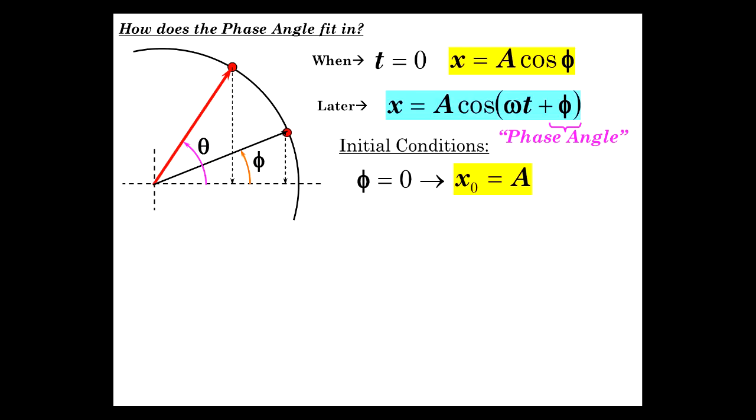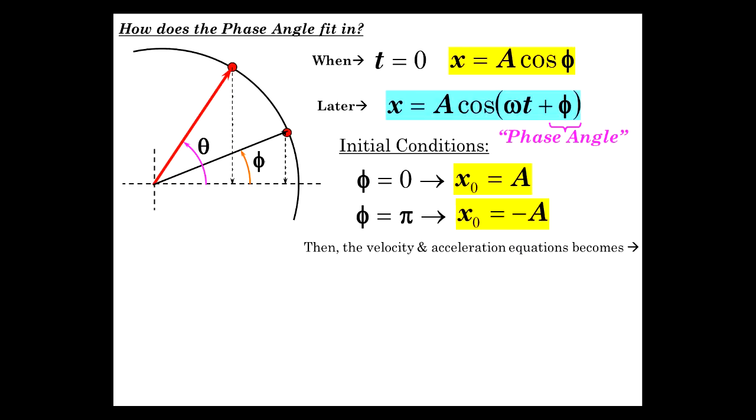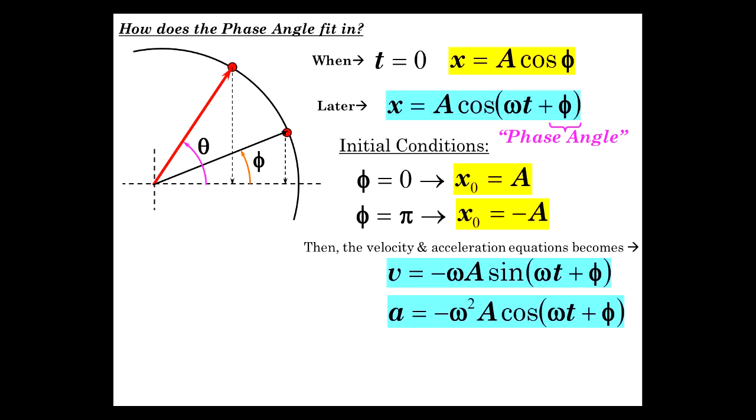And actually, it makes sense, because if phi is equal to 0, this object is sitting right there, and x0, the initial position, is here at the amplitude A. Now, if it's pi, it's on the other side, and it's minus A. The velocity and acceleration equations become as follows. Velocity, just from taking the derivative of the position, is minus omega A sine of omega t plus phi, and acceleration is minus omega squared A cosine of omega t plus phi.